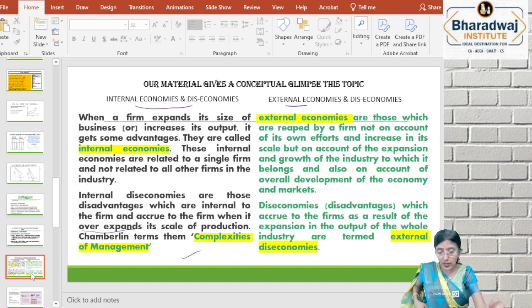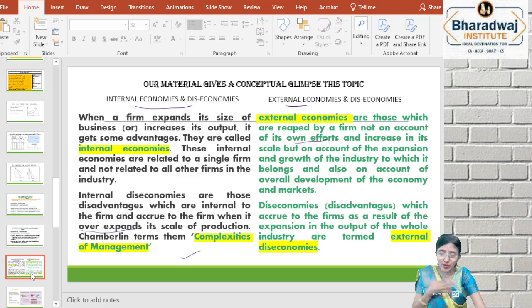Now when it comes to external, for internal diseconomies you have the term given by Professor Chamberlain. What is that phrase? Complexities of management. Go to external economies and diseconomies. External economies are those which are reaped by a firm not on account of its own efforts. Underline that.